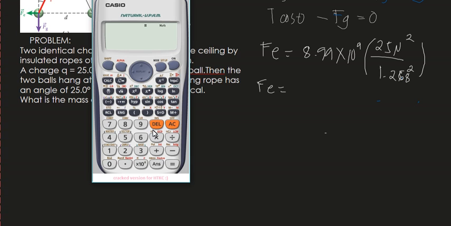So this is equal to 8.99 e to the 9 multiplied by your 25 micro squared all over 1.268 squared.